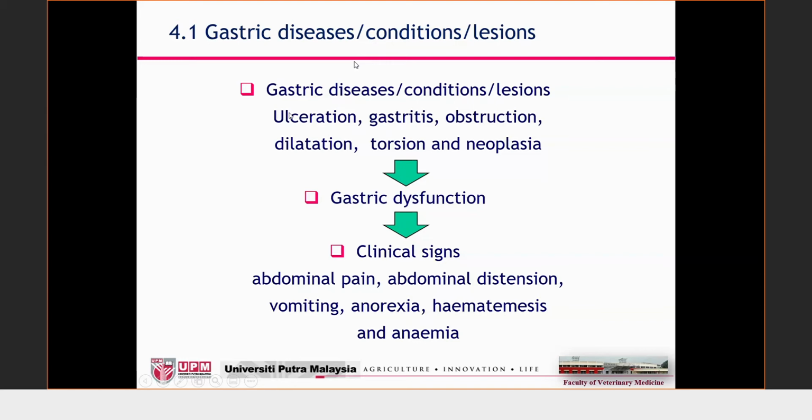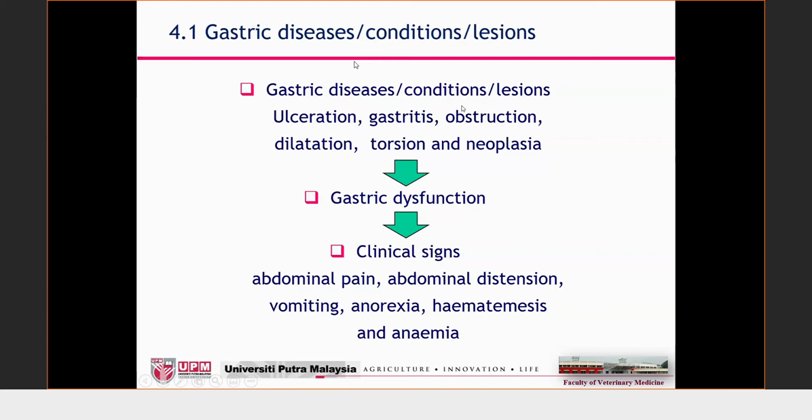There will also be obstruction, whether primary or secondary, in cases of bloat, or displacement, or torsion, which will lead to over dilatation or over distension of the stomach. Occasionally, neoplasia can also be a problem or condition of gastric diseases.